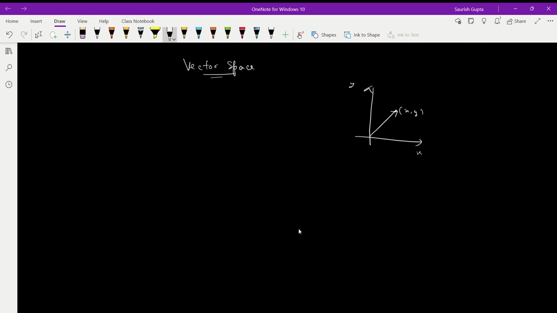To be precise, one fixed endpoint, which in this case is the origin. And this vector is completely characterized by the coordinate, which helps in directing this line. The ordinary way of denoting this vector is x i cap plus y j cap.